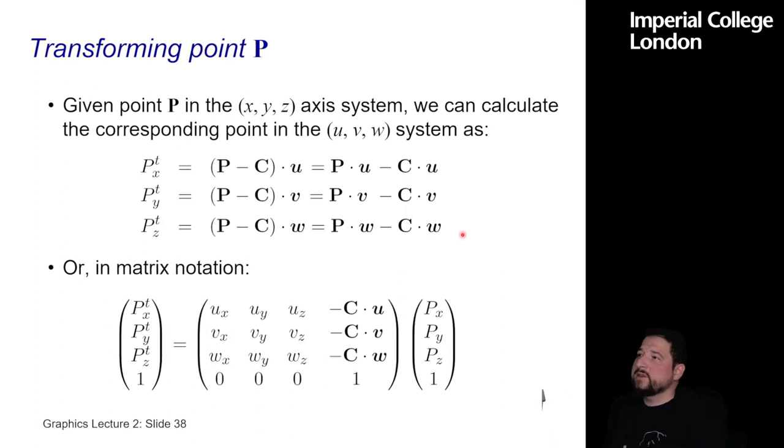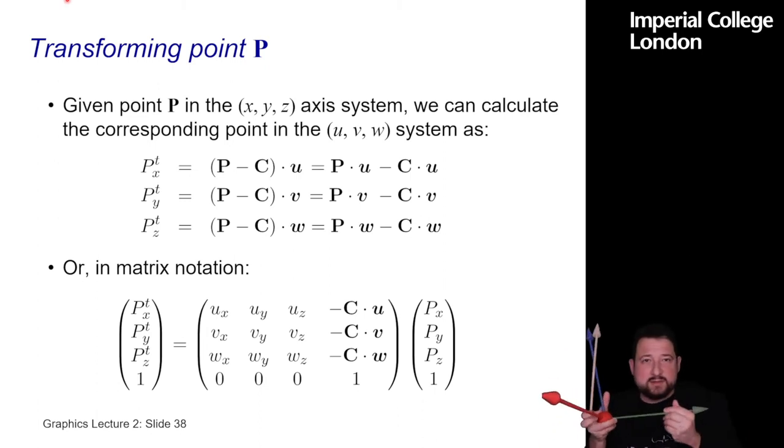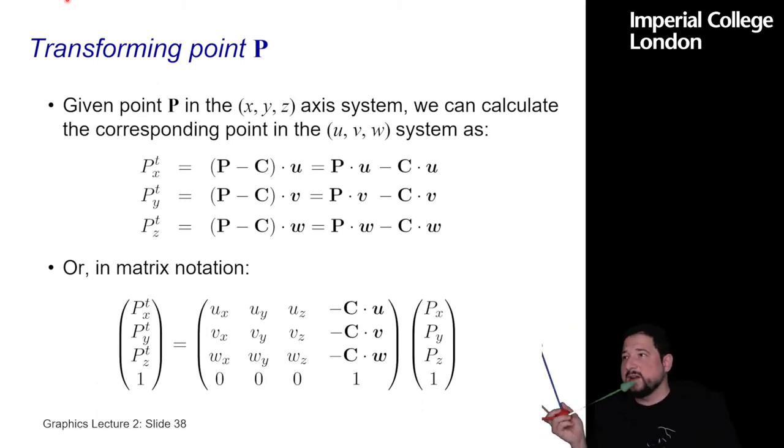So the way to do it is simply again by plugging in. So given a point P in that coordinate system, in X, Y, and Z, a world coordinate system, we can basically calculate the corresponding points by plugging that in, what I just said before, by doing it for each of the components.